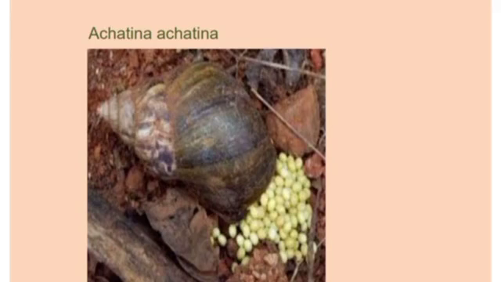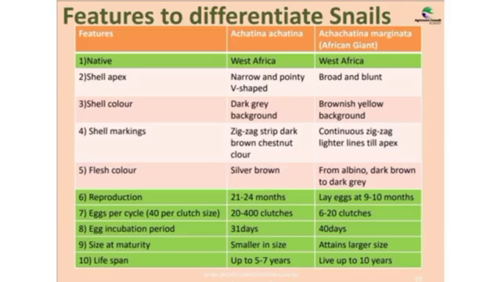For the size they reach at maturity, Achatina marginata attains larger size at maturity, while Achatina attains smaller size compared to Achatina marginata, the West African breed of snail.